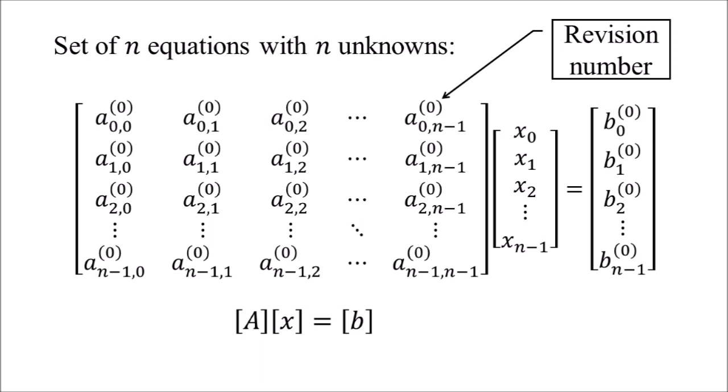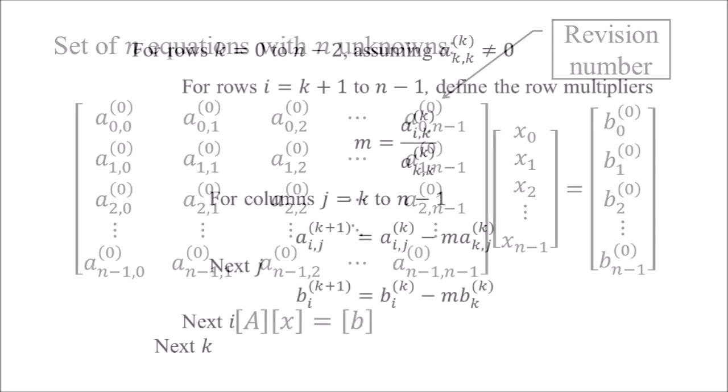The number in parentheses tells us how many times these numbers have been revised in the process of the Gaussian elimination. So it's there simply to keep track of the revisions that have been made.